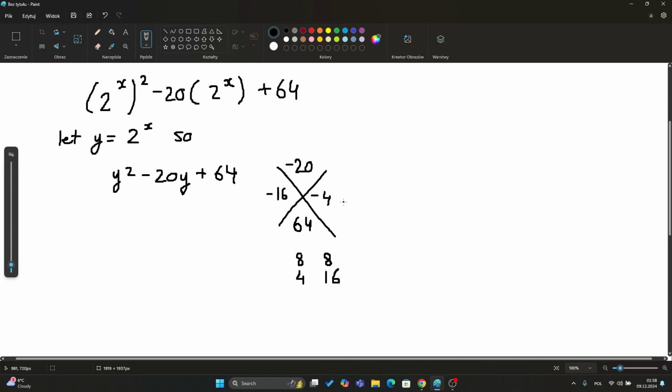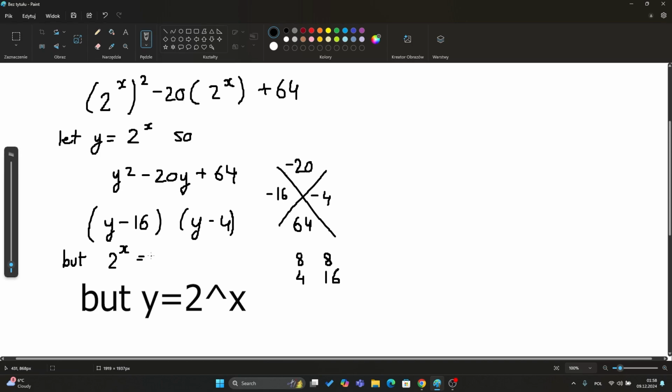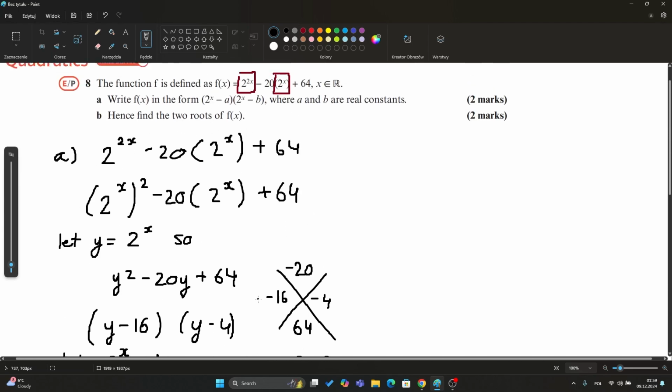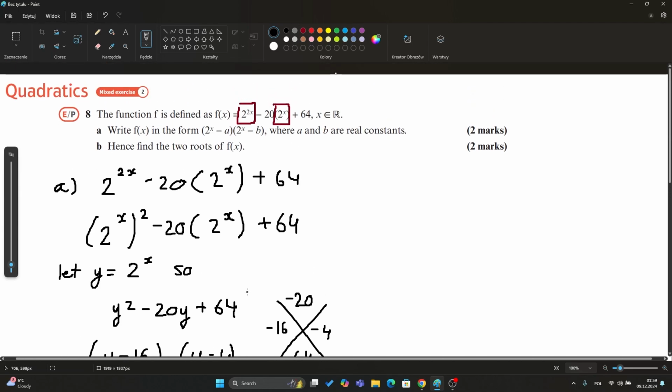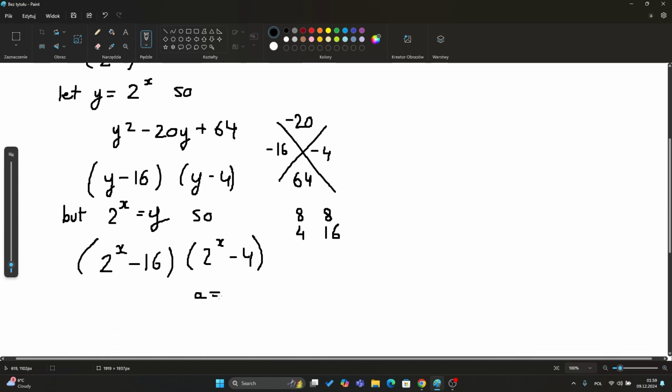So that's minus 16 and minus 4, so that is y minus 16 and y minus 4, but 2 power x is y, so 2 power x minus 16 and 2 power x minus 4. So that's what we wanted, and a is 16 and b is 4.